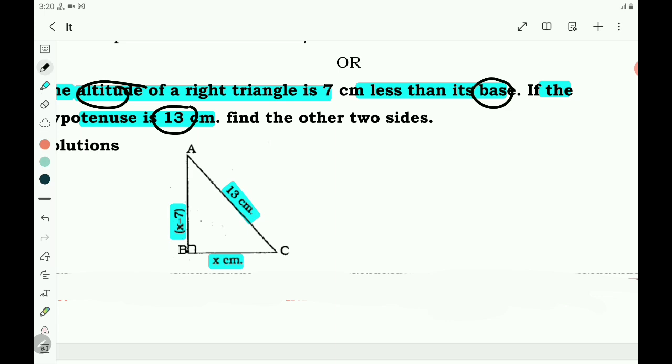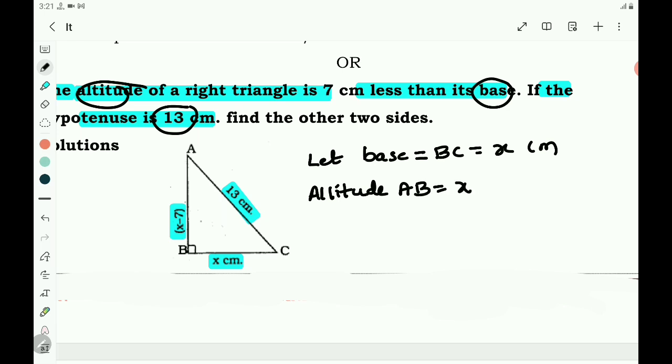So let us write, let base BC equals x centimeter, then altitude AB equals x minus 7 centimeter, then hypotenuse AC is given, that is 13 centimeter.